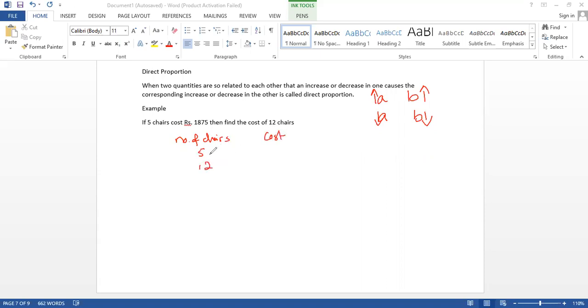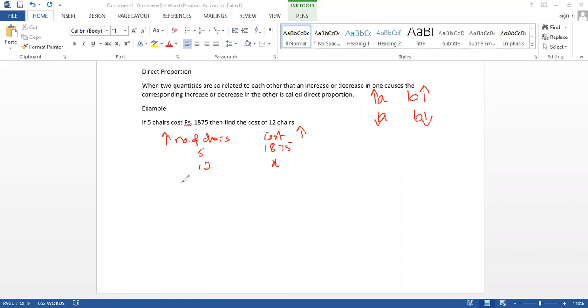We know that 5 chairs cost 1875, and we do not know the cost of 12 chairs, so we'll just write X over here. As the number of chairs increases, so does the total cost. That means that the proportion over here is direct.